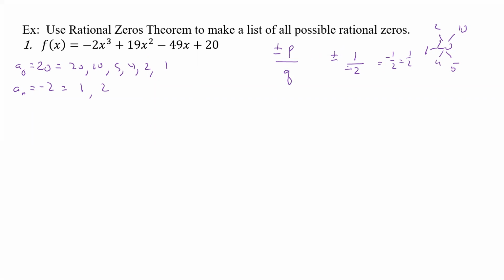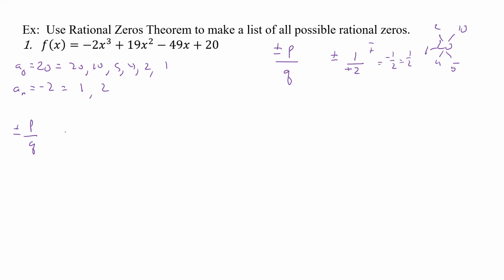And so we're going to ignore those plus or minuses here. It's only going to look at the plus values, because it'll just change it to a negative over positive instead of positive over negative, and those are the same things. So let's look at our positive and negative p's over q's.